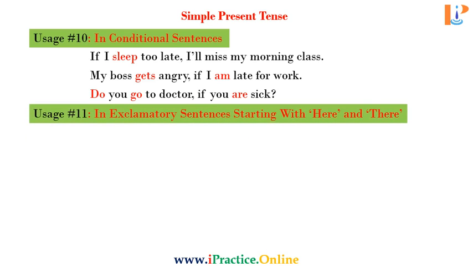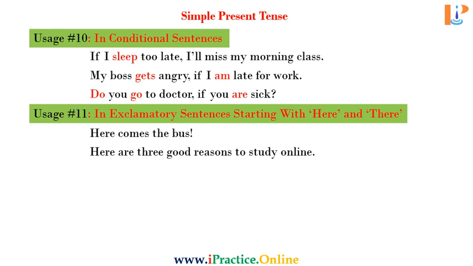We also use simple present tense in exclamatory sentences, especially the sentences which start with here and there. For example, here comes the bus. Here are 3 good reasons to study online. There she goes. Now if you look at the sentences, we have used simple present tense.